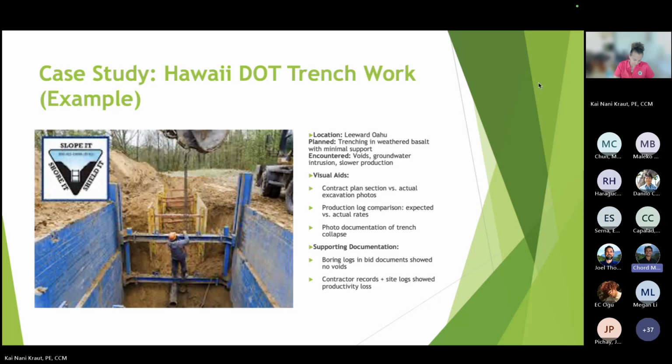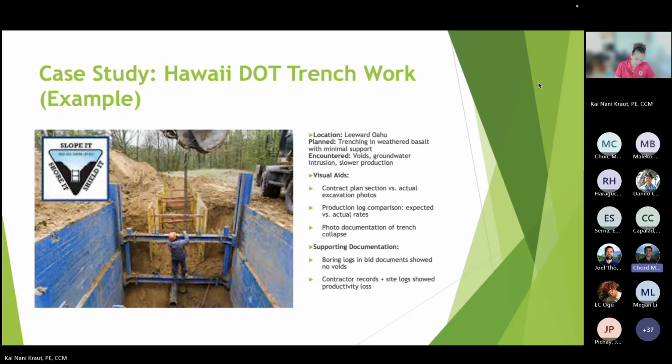But anyway, here's a case study that we just made up, but wanted to use it to also provide support on some of the legal doctrines that the contractor can potentially exercise. So essentially, location: leeward of Oahu, planned versus encountered. What was planned and expected was trenching in weathered basalt with minimal support, but what was actually encountered was voids and groundwater intrusion.